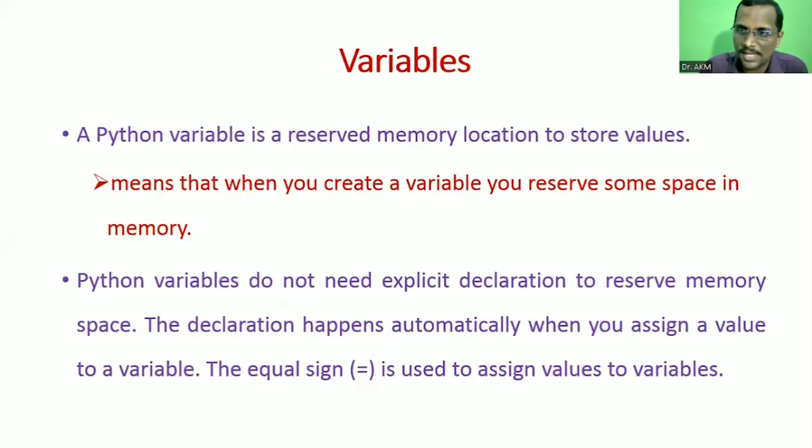First, what is a variable? A Python variable is a reserved memory location to store values, which means that when you create a variable, you reserve some memory space. Python variables do not need an explicit declaration to reserve memory space.